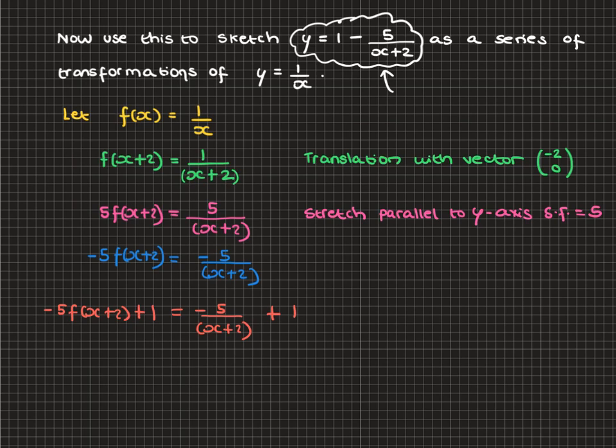Now the blue transformation, the negative, this is a reflection in the x-axis. And then we have one final step here, the addition of the 1, which is a final translation involving a vector 0, 1.